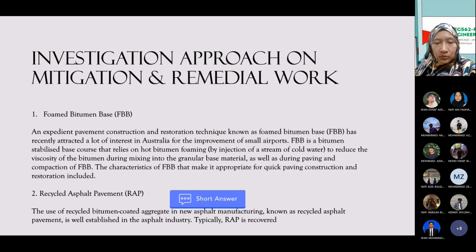So now it comes to using or recycling all those construction materials. So RAP and FBB are two mitigation approaches that can be adopted in repairing pavement.